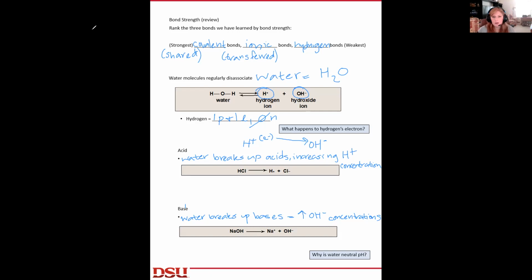Because of how water can dissociate, right? So it has this positive hydrogen atom, and then you have the negative hydroxide ion. That's what makes up water, your H2O, but those charges cancel each other out, which is what keeps it neutral.